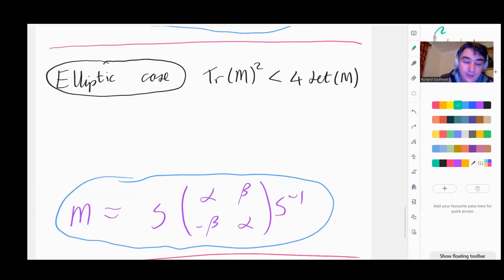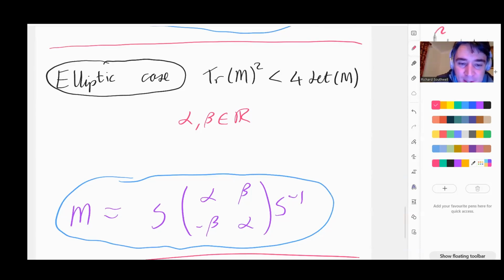And so in this case, it turns out that our matrix is going to be similar to something of this kind of form. So I'm going to talk about what these expressions mean in particular later. But basically, in this case, we're going to have that alpha and beta are going to be real numbers.